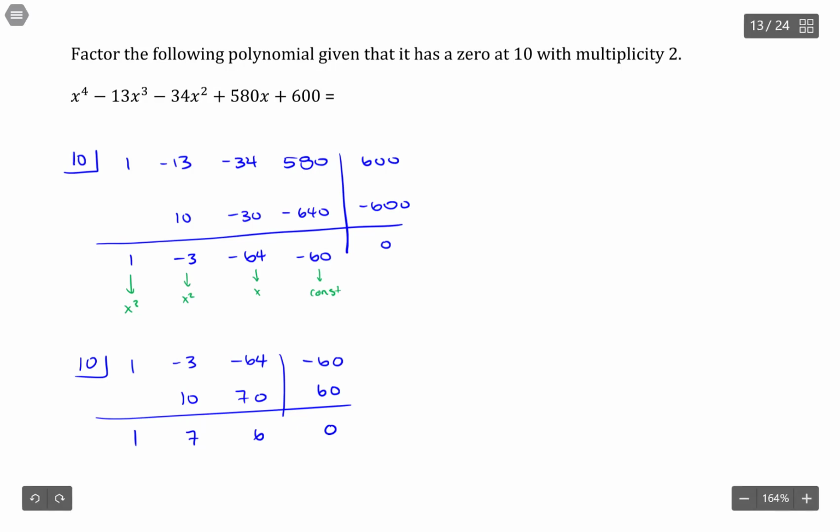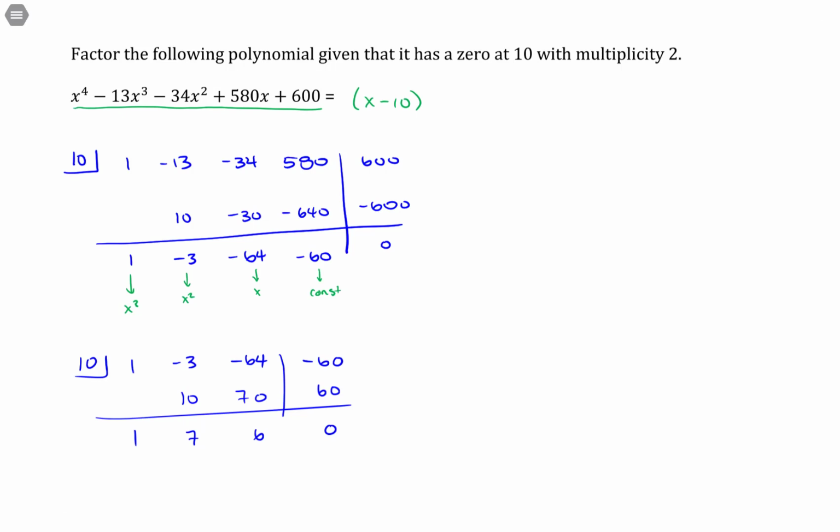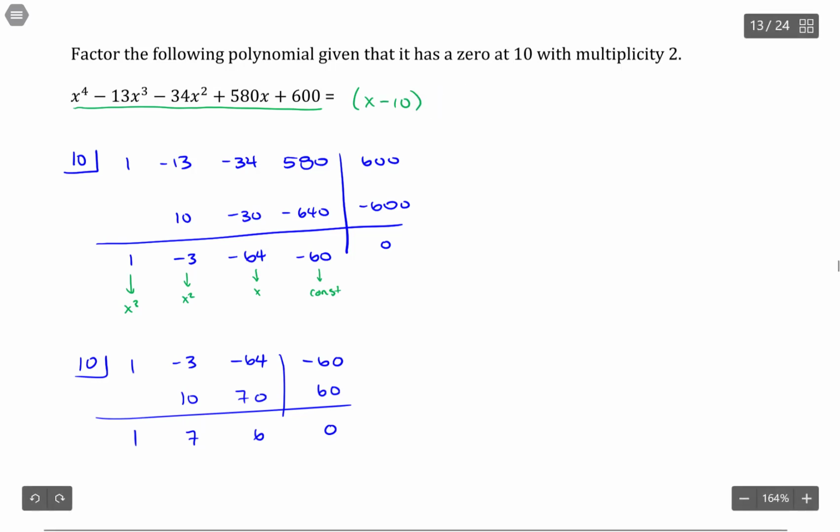So now, what this means is this polynomial function has now been factored into x plus 10, well, actually, be careful there, x minus 10, because the 0 is positive 10, so the factor is x minus 10, times another factor of x minus 10, which I could more easily represent with x minus 10 squared.